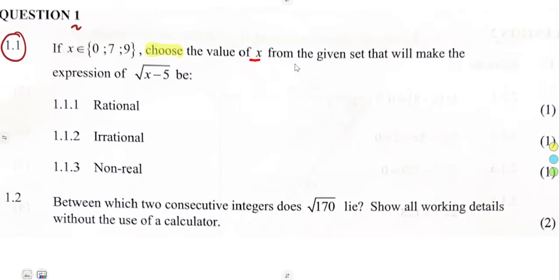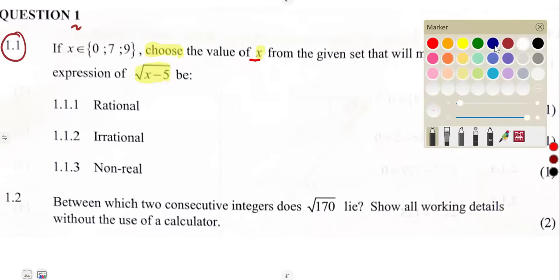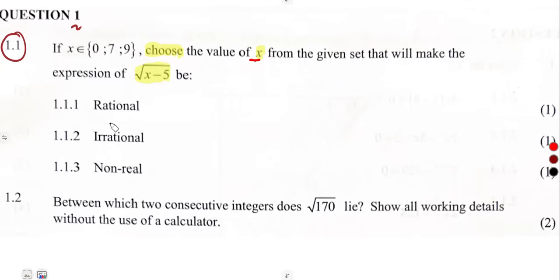Choose the value of x from the given set that will make the expression, the square root of x minus 5, rational. It can be irrational. It can be non-real.